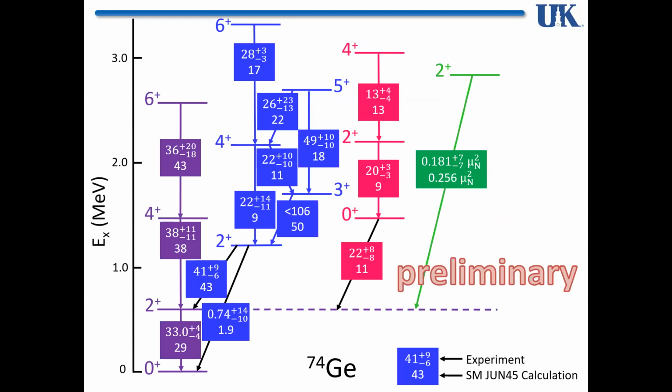And he has shown that you can actually push this measurement to the 1 femtosecond region. So I'm wondering, for the state that you have an upper limit, could you try the variant Doppler-shift attenuation method that Ernie Warburton developed many years ago, if some people still remember Ernie Warburton?